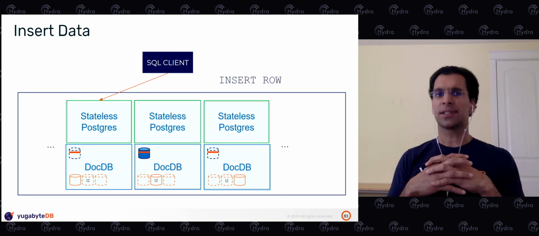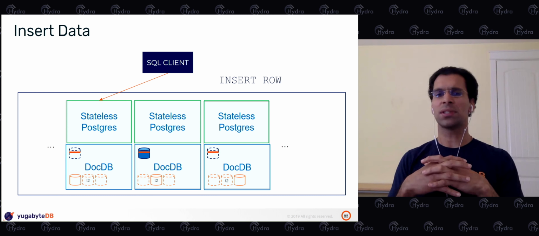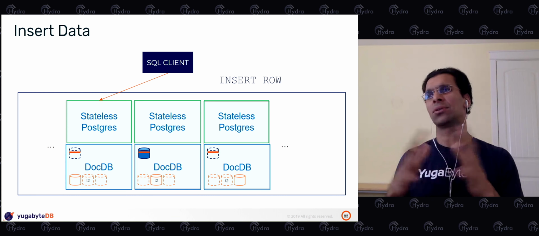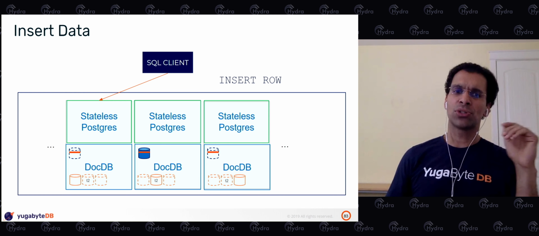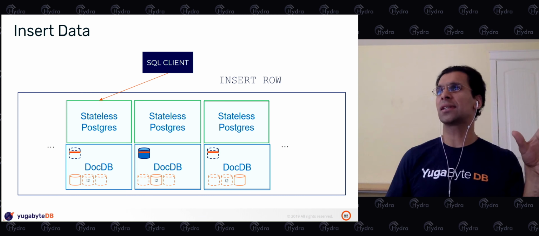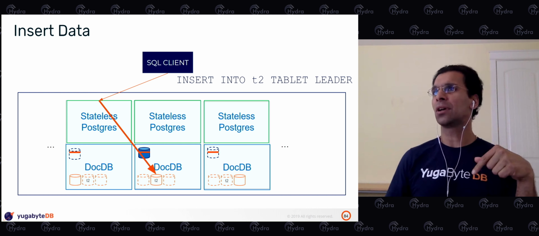If you look at the insert path, because everything is translated into an insert into one or more tables, we're just going to look at the simple path, which is inserting into a single table, and you can extend this for a transactional flow. The PostgreSQL upper half, the coordinator, receives, say, an insert from the client. This insert detects the tablet it belongs to.